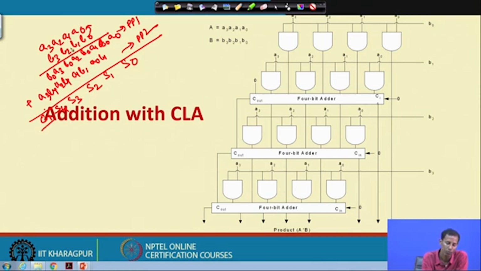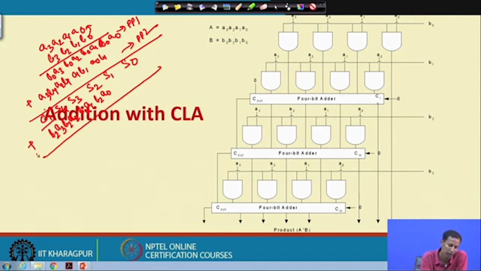Then again in the next step, I have to start B2, and B2 will start from the S2 position. So, now what I have to do? This B2 A0, B2 A1, B2 A2 and B2 A3.